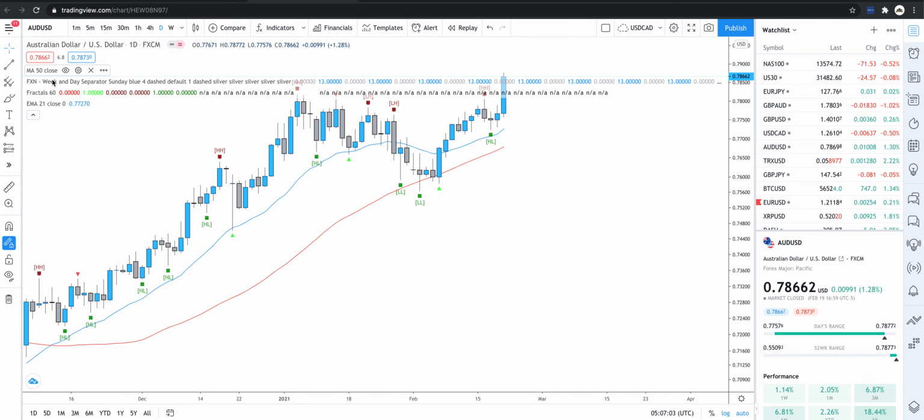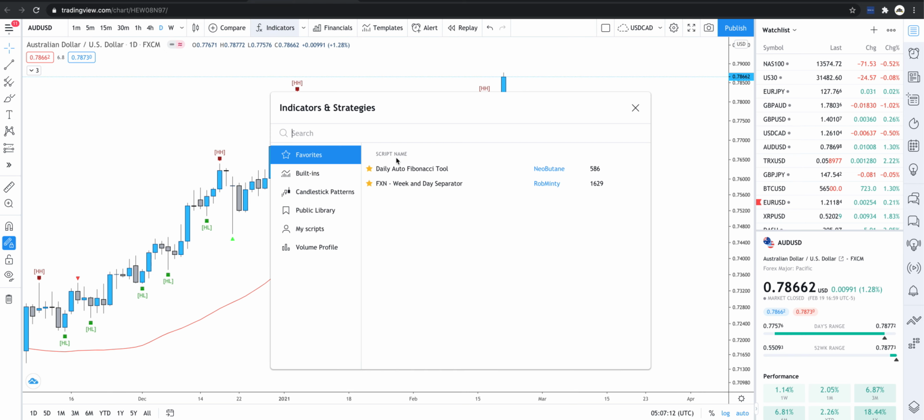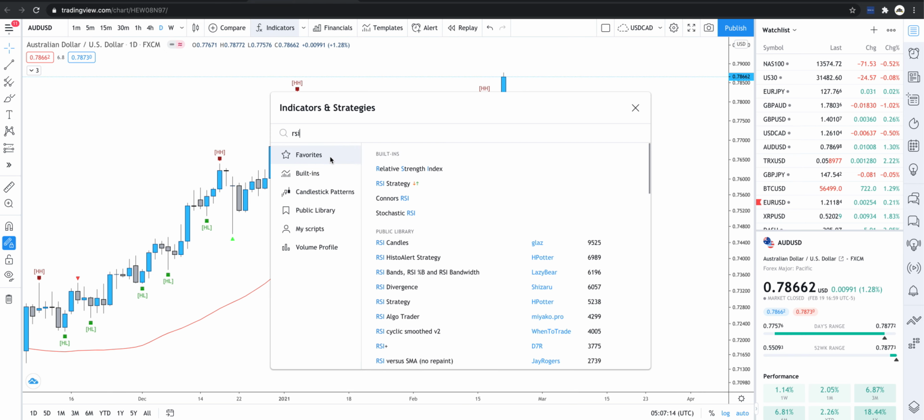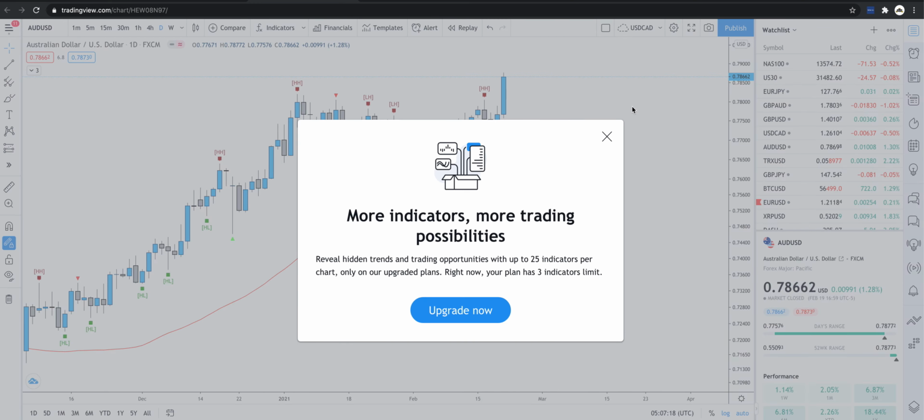Alright, so you've got the relative strength index.